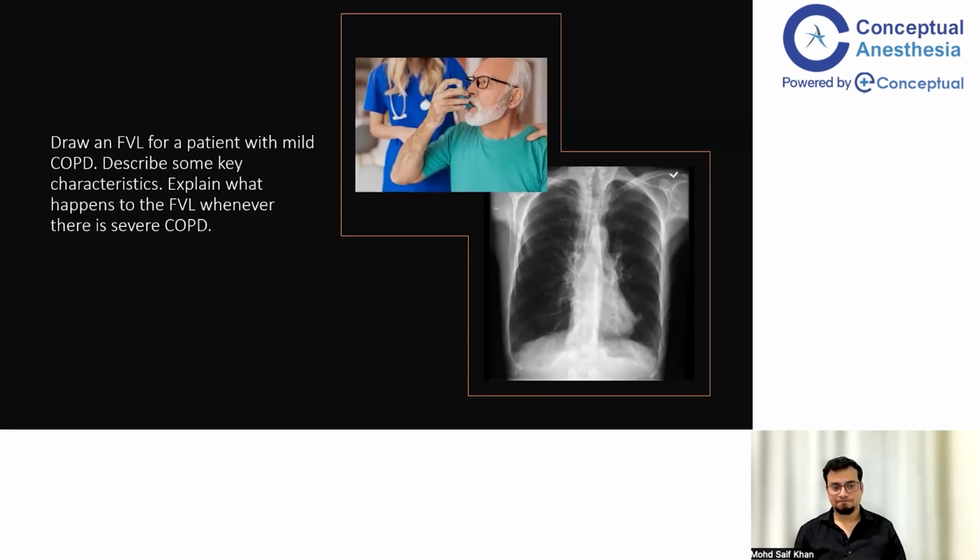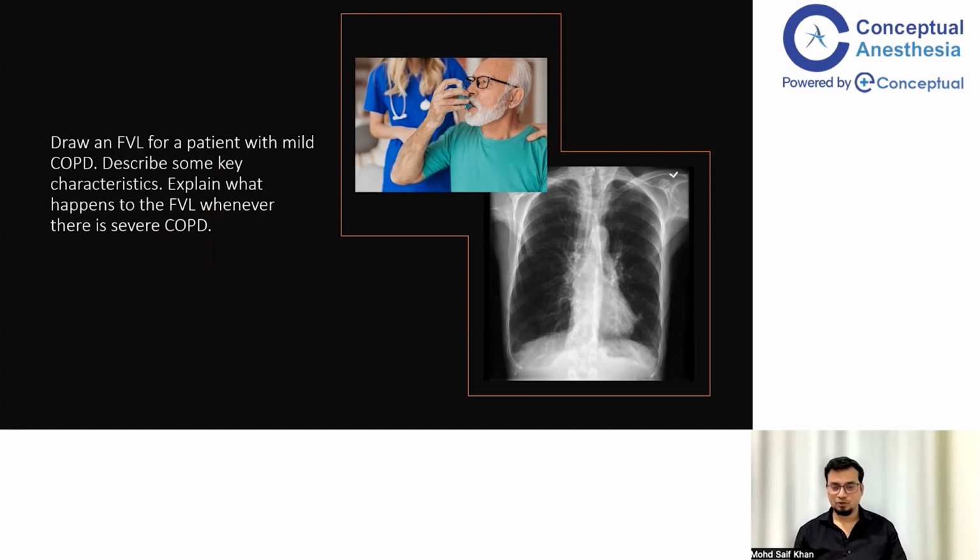All right, so what happens in COPD? Draw an FVL for a patient with mild COPD, describe some key characteristics, and explain what happens to the flow volume loop whenever there is a severe COPD. So the question is asking both mild and severe COPD, what happens to the FV loop.